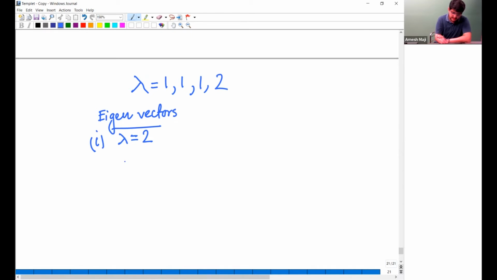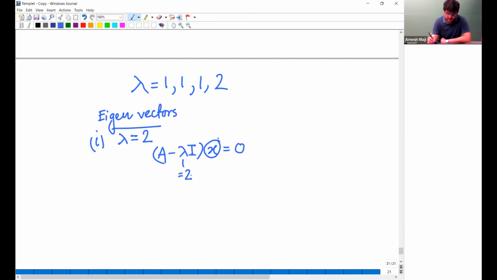In this case, we will need to find the vector corresponding to lambda equal to 2. If we go back to the system, this was the system. Now we have to find a vector x, the eigenvector corresponding to lambda equal to 2.